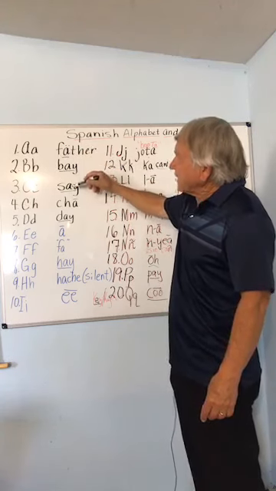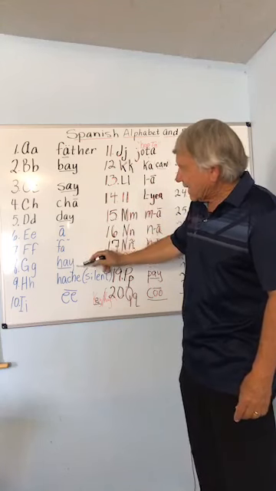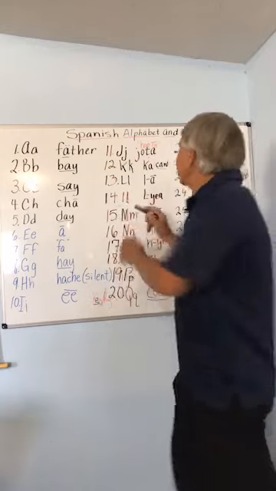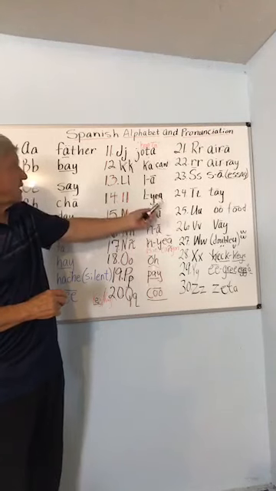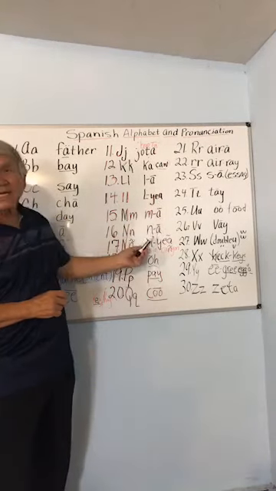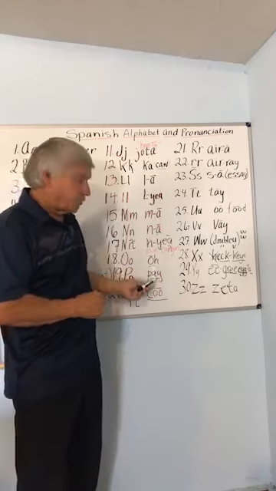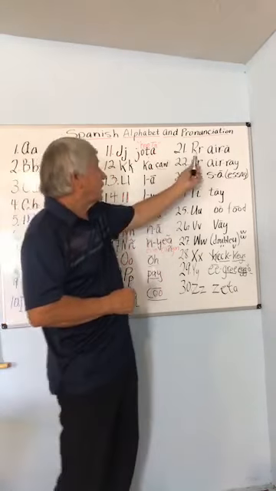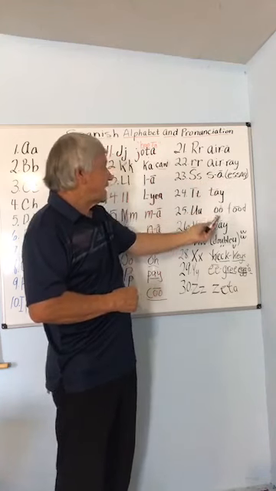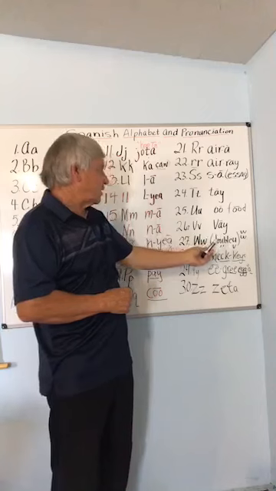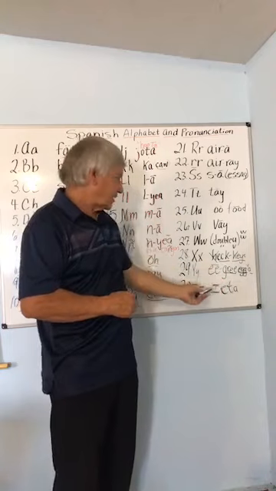A, B, C, Ch, D, E, F, G, H, I, J, K, L, Ll, M, N, Ñ, O, P, Q, R, Rr, S, T, U, V, W, or W, X, Y, Z.